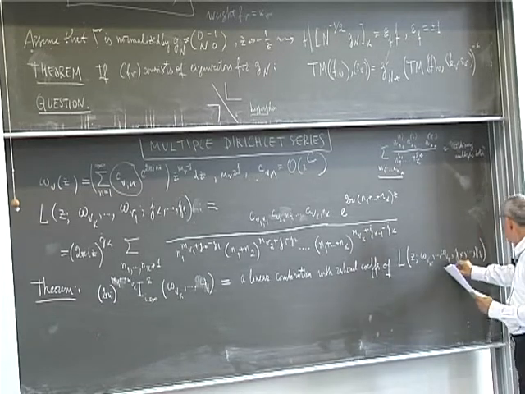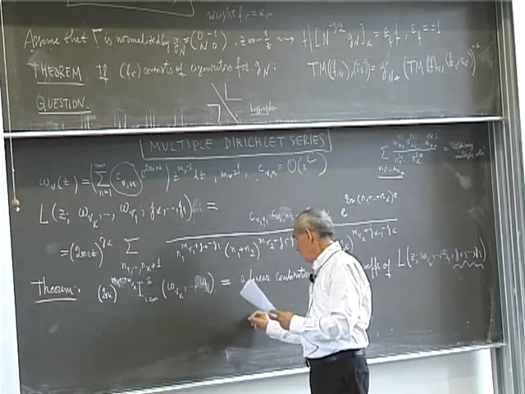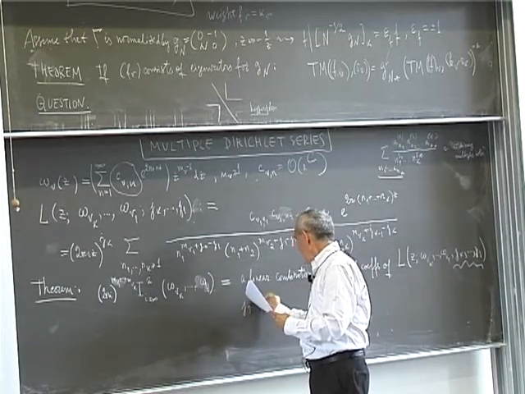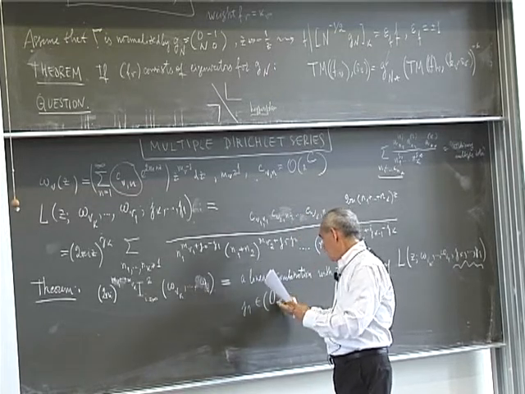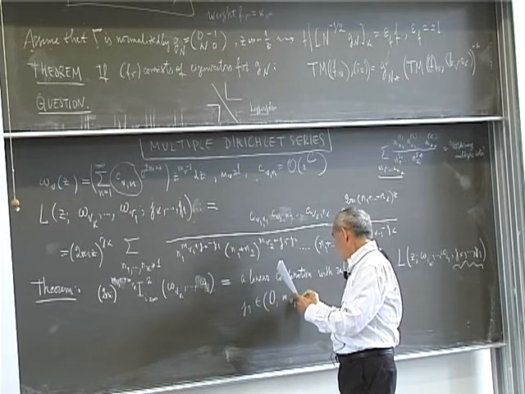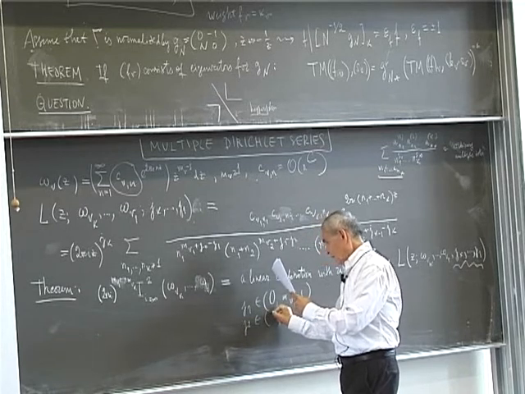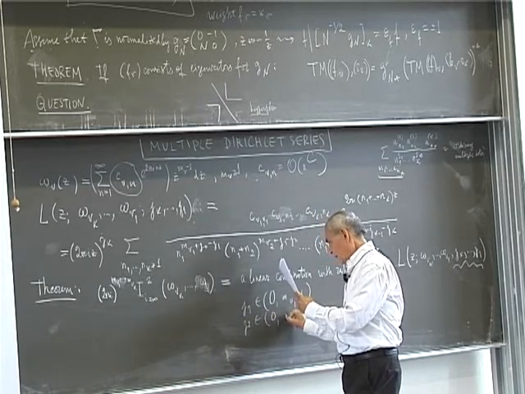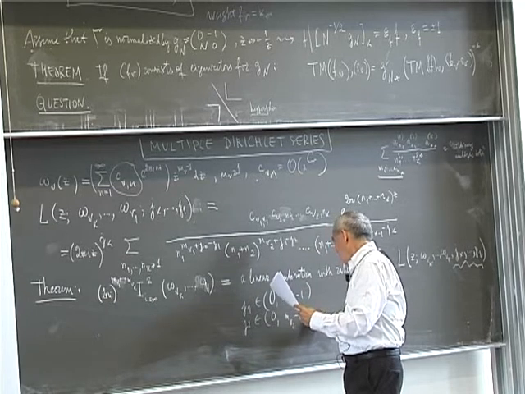What is changing? Well, these parameters jk. Essentially j1 sits between 0 and m v1 minus 1. j2 sits in between 0 and m v2 minus 1 plus j1, and so on.